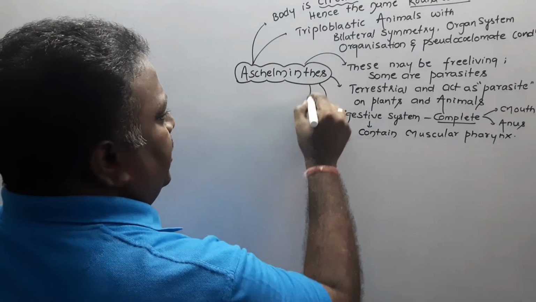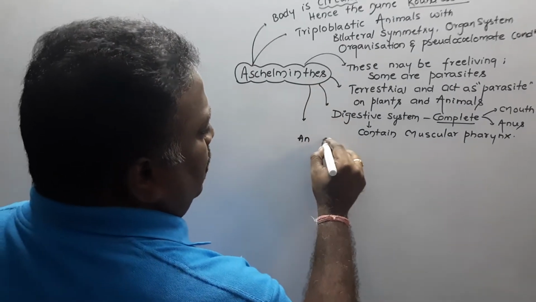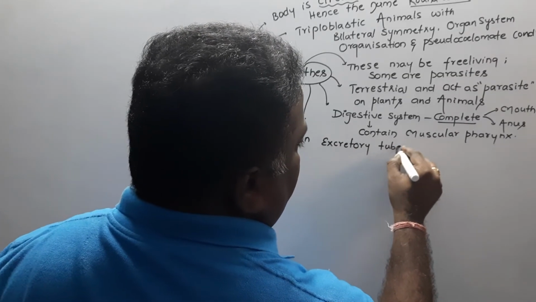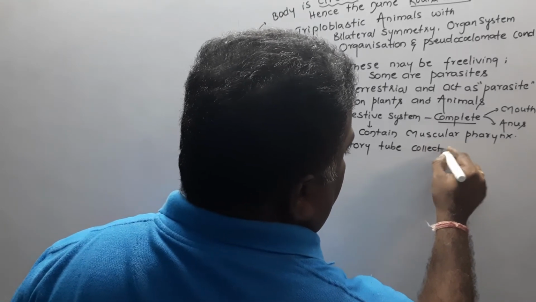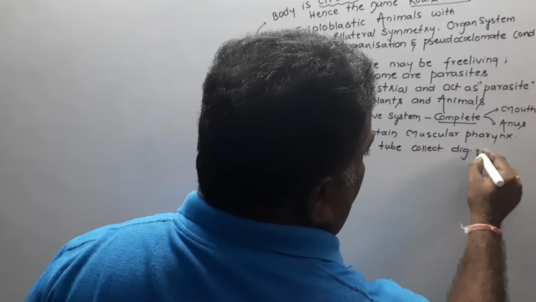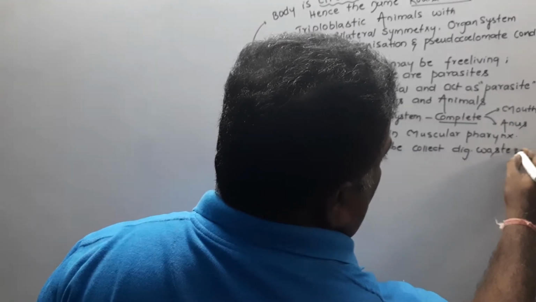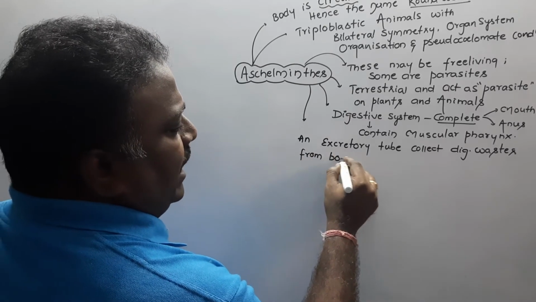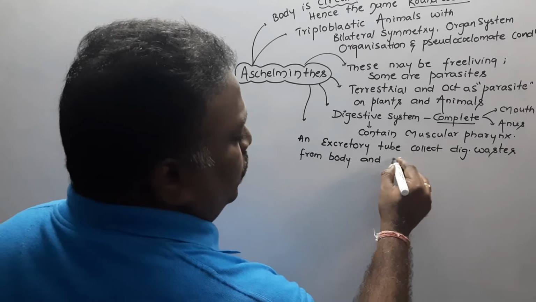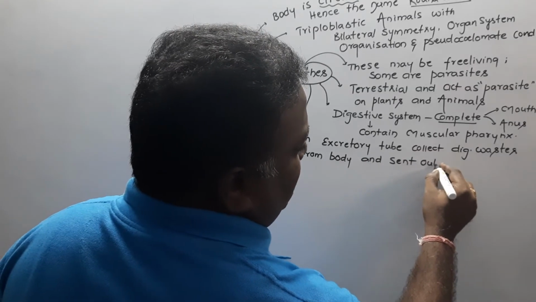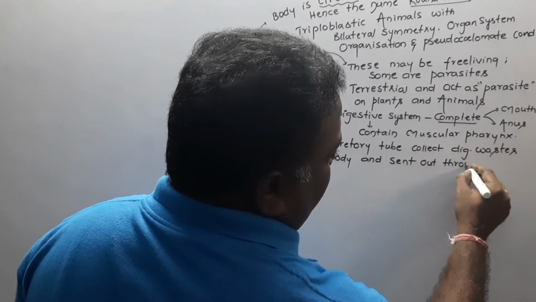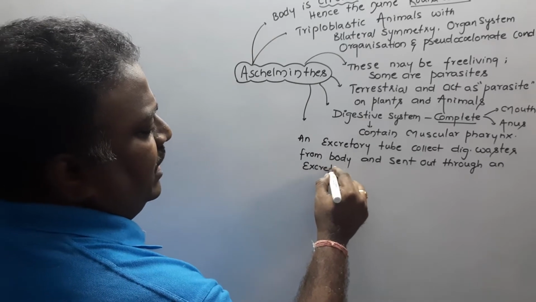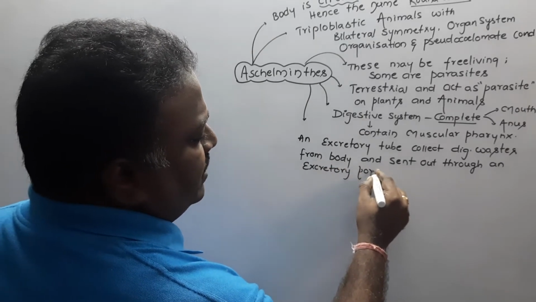Okay, right. And here, an excretory tube. In the body there is an excretory tube which collects nitrogenous waste from the body and sends it out through an excretory pore.